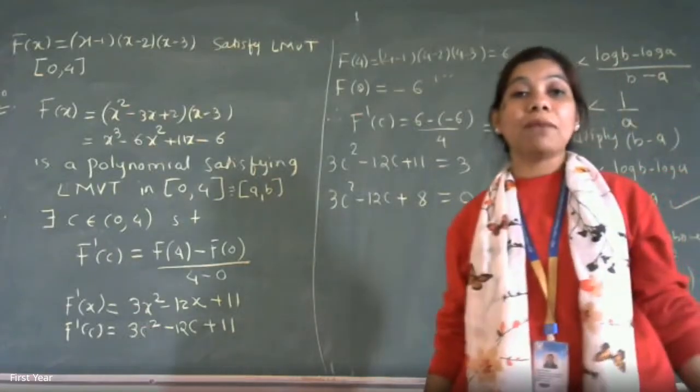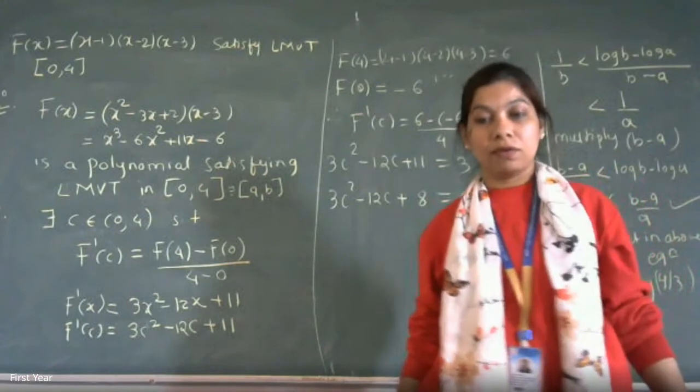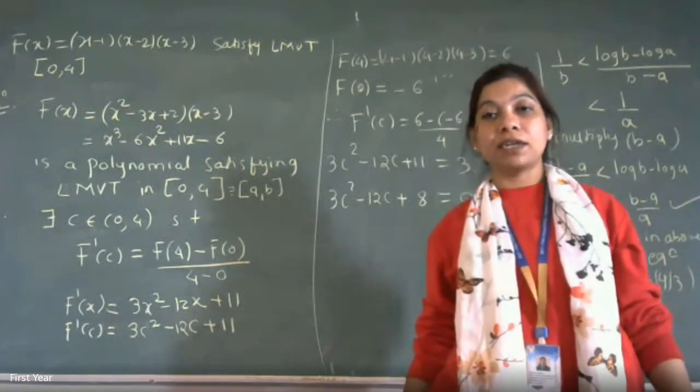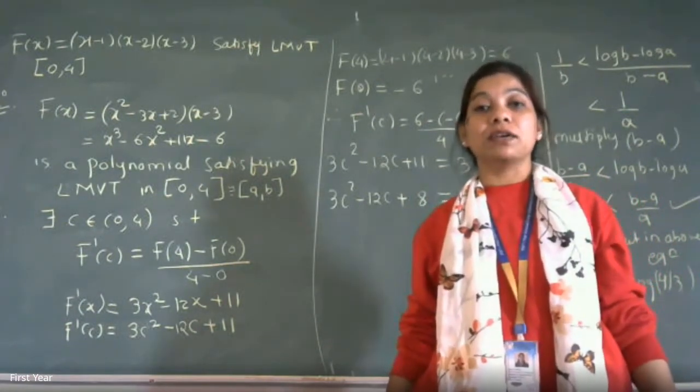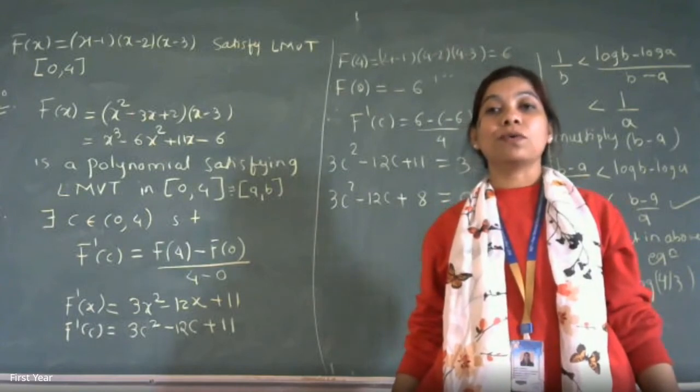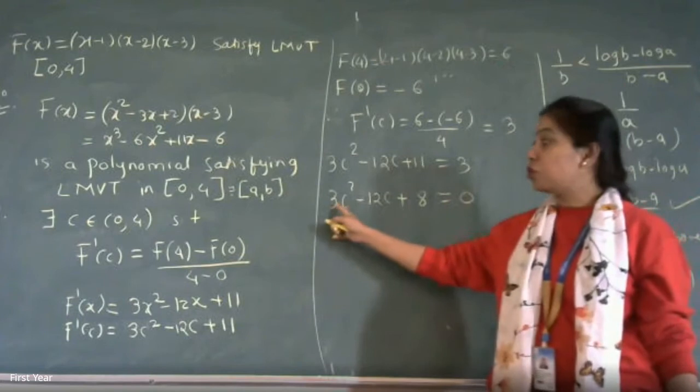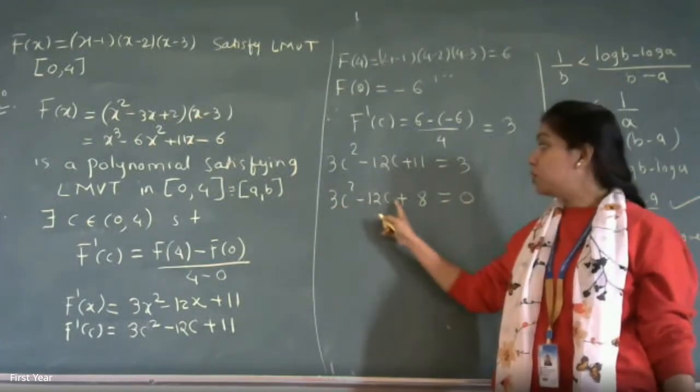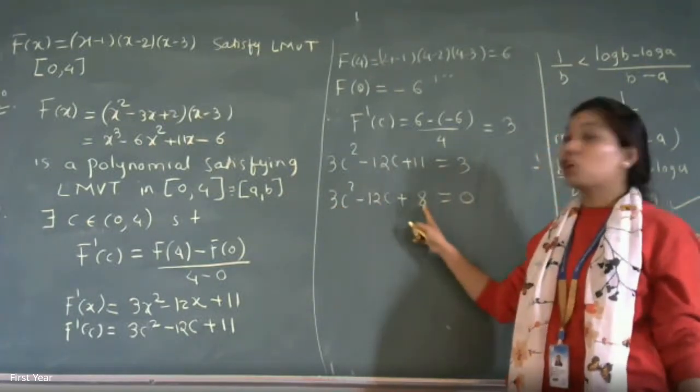Yes, ma'am. So it is asking for A, B, C. Correct? When you press that 3, it is asking for A, B, C. So what is A? A is the coefficient of C square. B is the coefficient of C and C is the constant term.